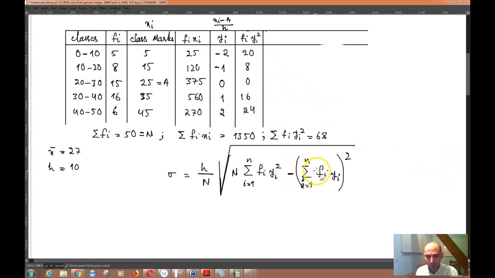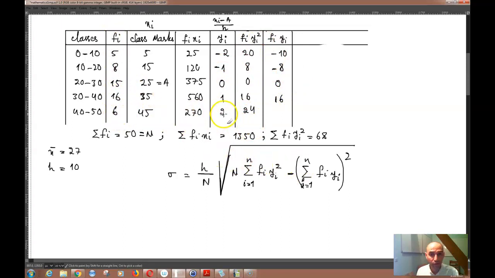And then over here you have sigma f(i) y(i). So 5 times negative 2 is equal to negative 10. 8 times negative 1 is equal to negative 8. 15 times 0 is equal to 0. 16 times 1 is equal to 16. It's much easier to calculate using this method.